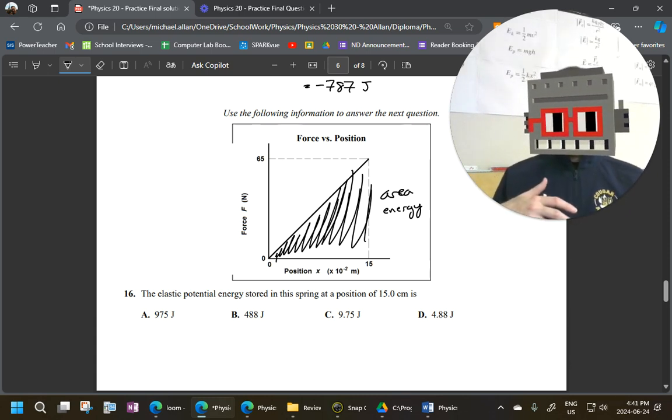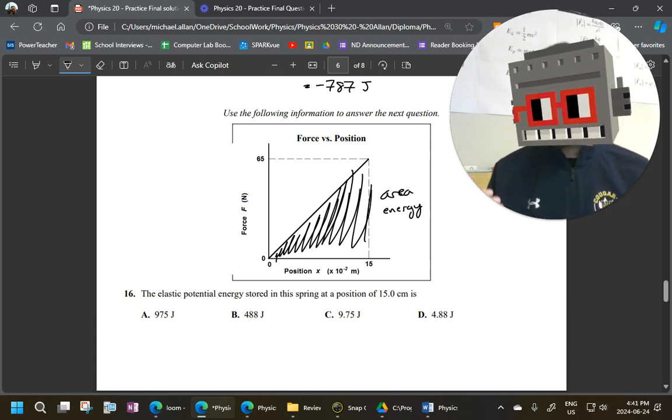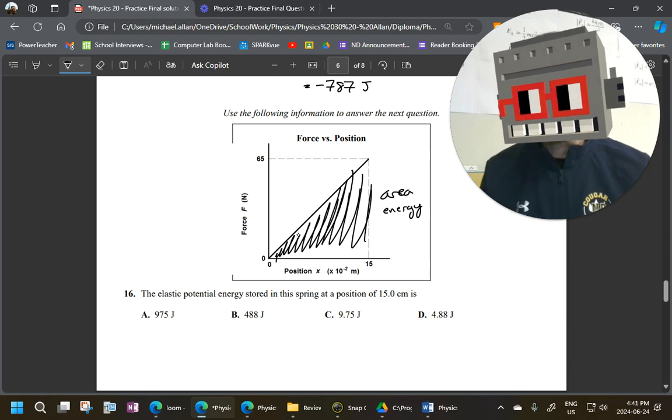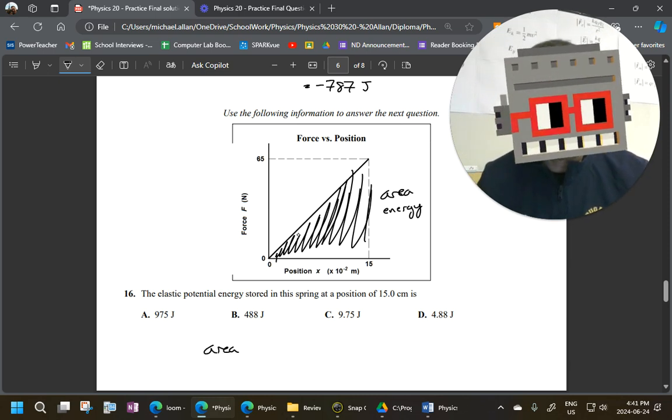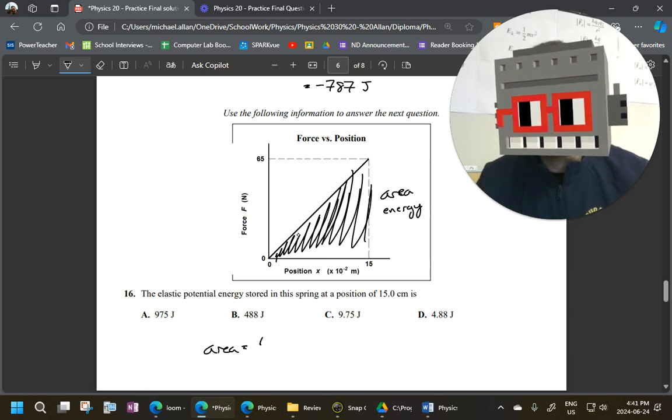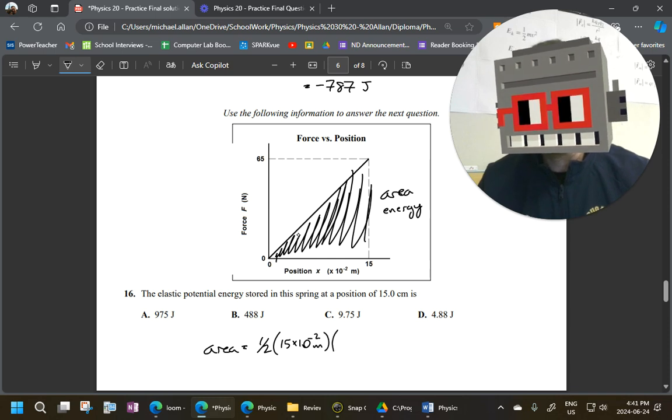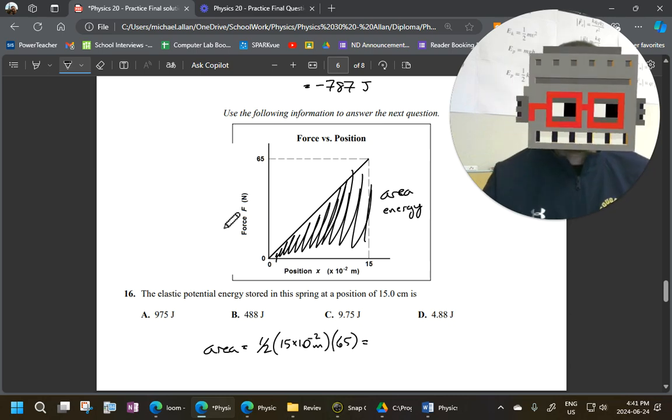If I want to find the k, I could do that, and I could use the 1/2 kx squared formula to do that. But that essentially came from this. So the area of this is just going to be 1/2 base, so 15 times 10 to the negative 2 meters, times height, 65 newtons. And there we go.